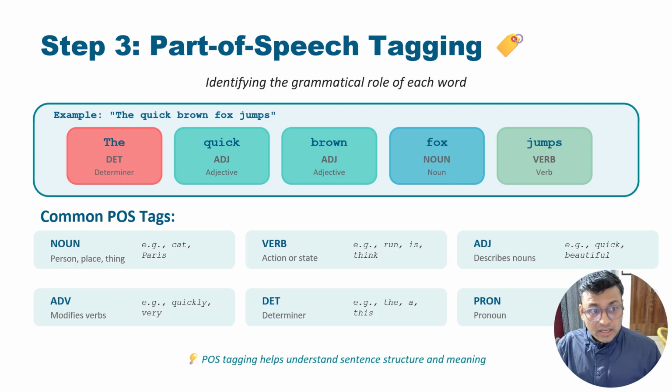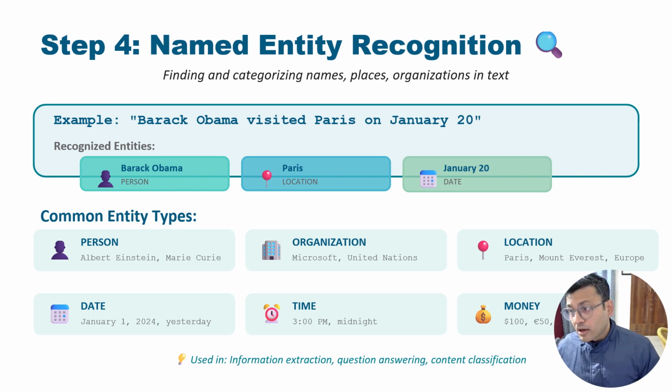Without further delay, next is the very vital step of NLP, that is named entity recognition, which in short form you'll see people calling NER. It is finding and categorizing the names, places, and organizations in a text. I'll give you a fantastic example: Barack Obama visited Paris on January 20th. If you recognize entities, what we get out of it is Barack Obama is a person, Paris is a location, January 20 is the time.